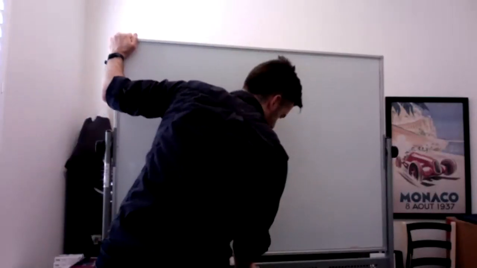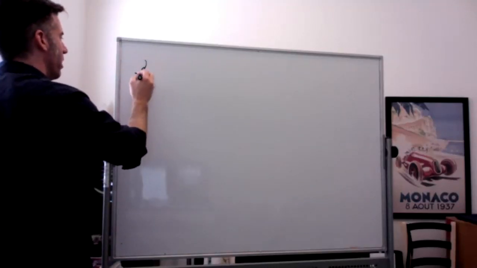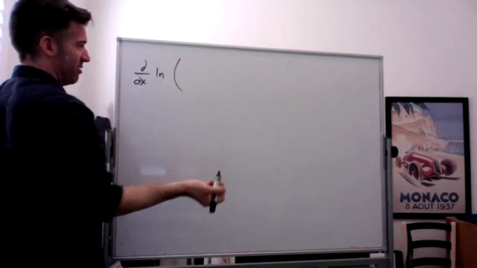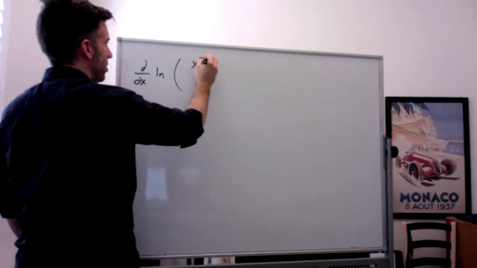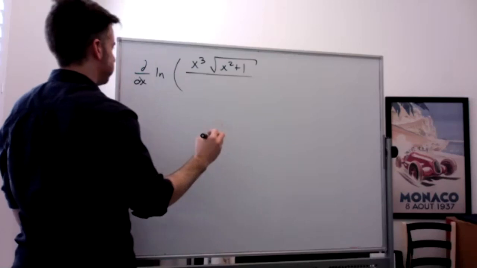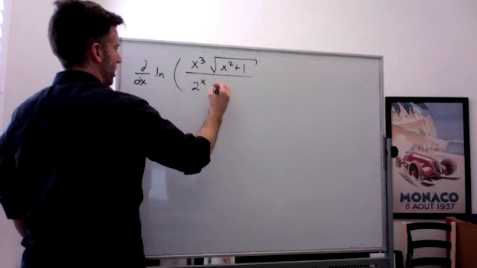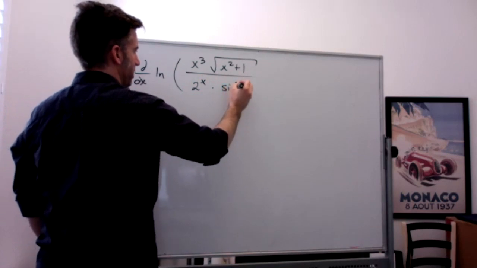Something like, for example, the derivative of the natural log of, I don't know, let's make it gross, x cubed times the square root of x squared plus 1 over 2 to the x times sine cubed of x.